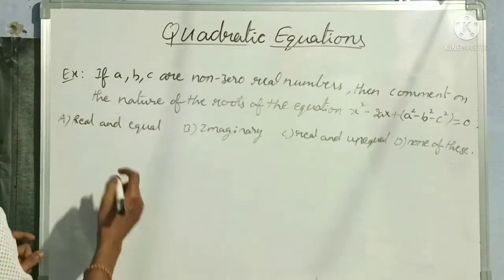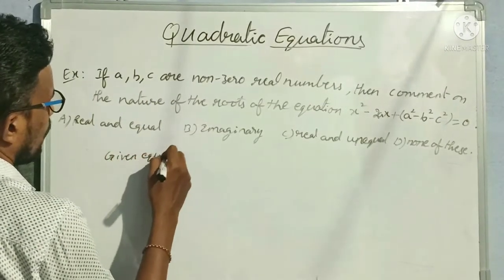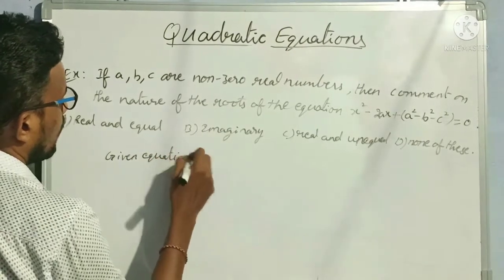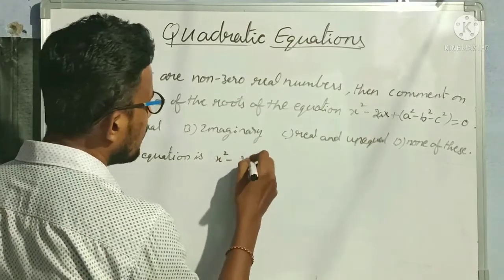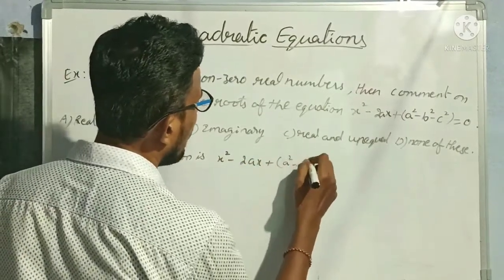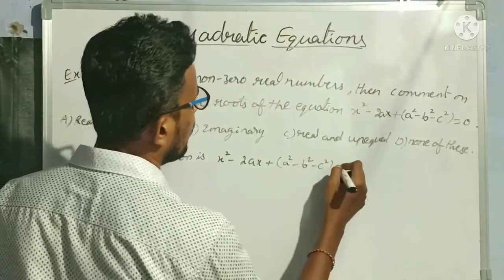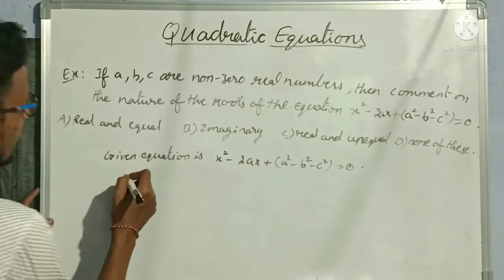Discriminant, right? So what is the given equation? Given equation is x square minus 2ax plus a square minus b square minus c square is equal to 0. Okay, now we want the discriminant D value.